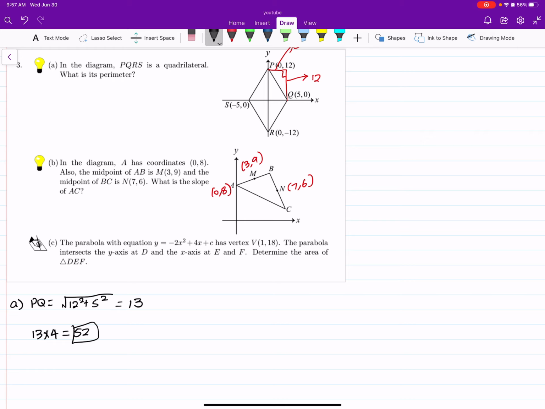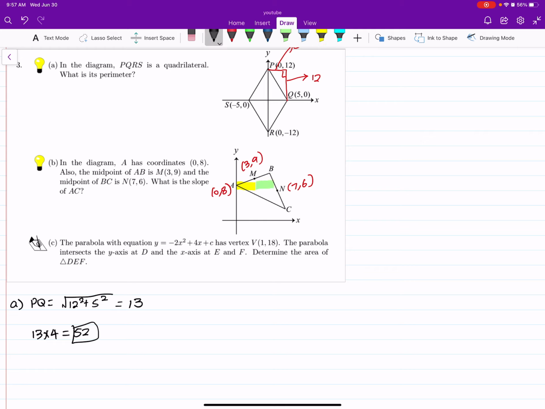So finding the coordinate of B, we can see that horizontally from A to M, we have a distance of 3. So the distance from M to B horizontally is also 3.